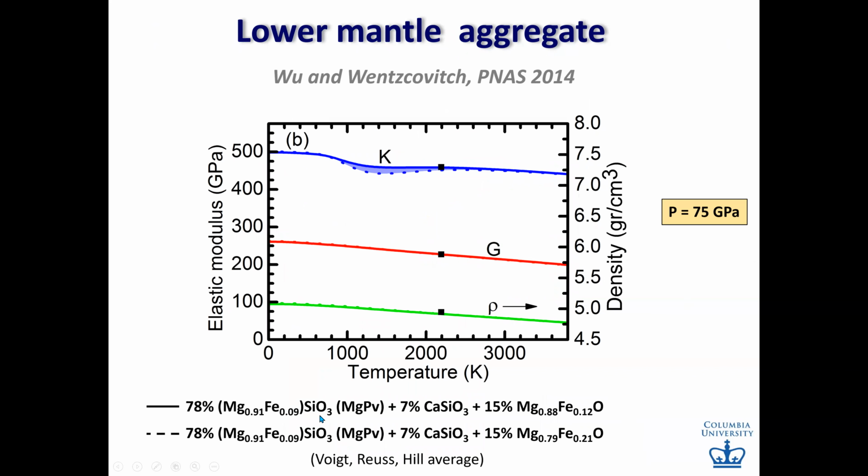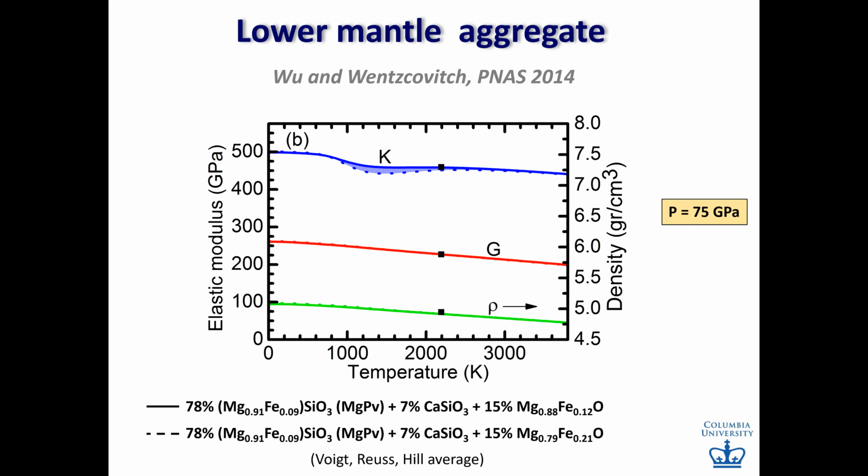We have 78% Bridgmanite, 7% calcium silicate, and 15% ferropericlase with different amounts of iron, just to investigate the effect. Here the GDT of the rock is negative and the KDT is still positive, and the magnitudes are not too different. So it happens that the compressional velocity becomes a little bit insensitive.